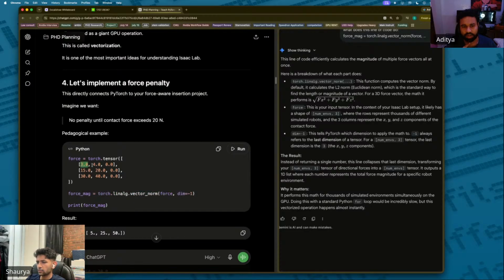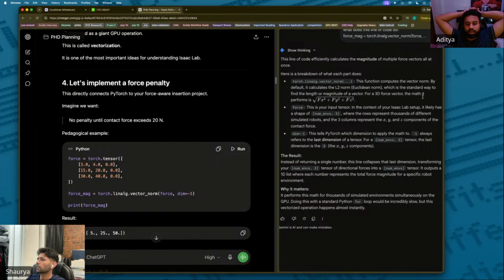So this is X, Y, and Z, like the force on the X-axis, force on the Y-axis, and force on the Z-axis. This function computes the vector norm. By default, it calculates the L2 norm, the Euclidean norm, which is the standard way to find the length or magnitude of a vector.